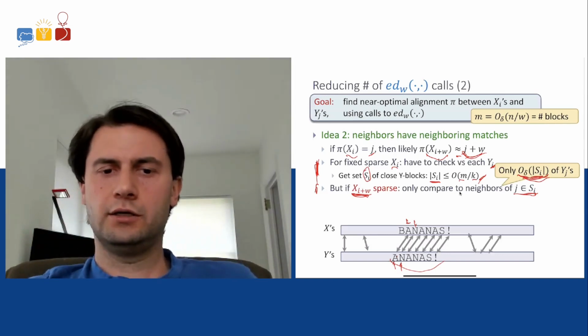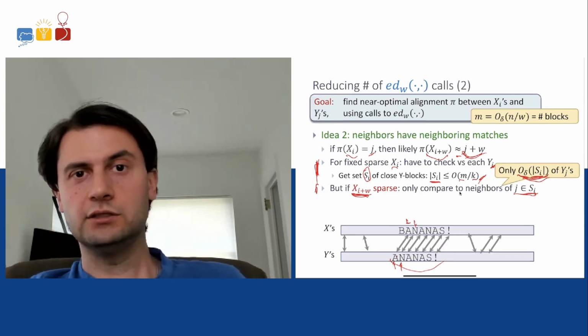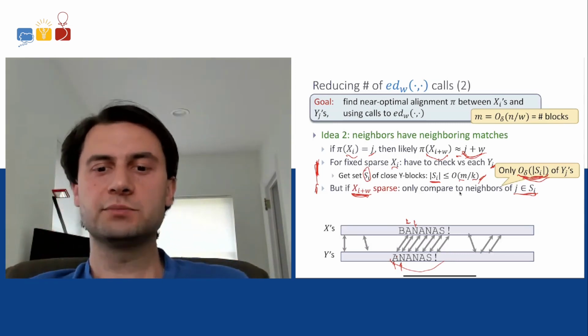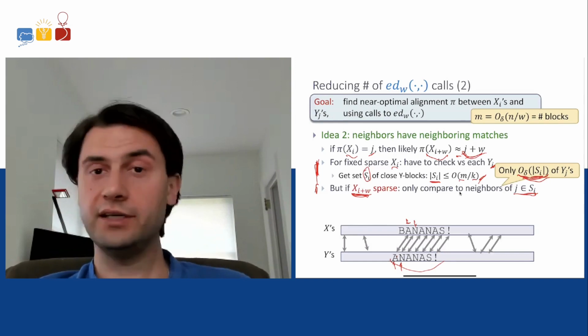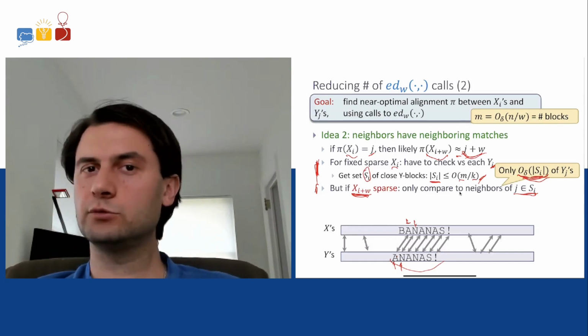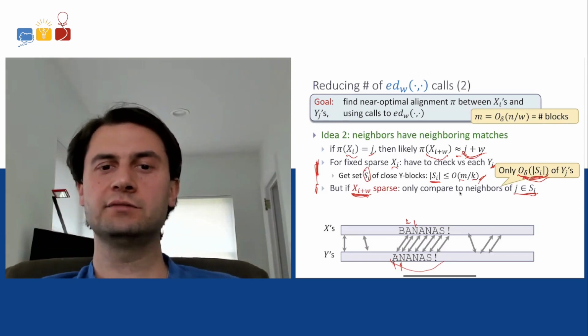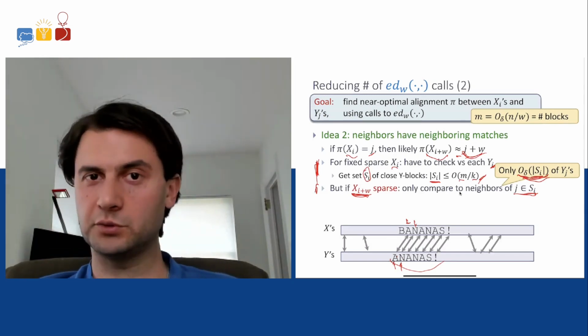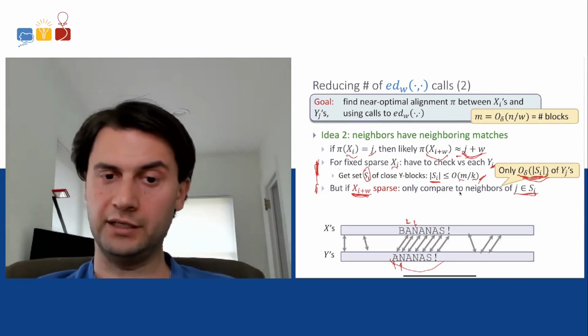Again, suppose the block xi is sparse, but maybe the next block is not sparse. What do we do then? The next sparse block is somewhere down the line. It doesn't have a neighbor right next to it which is sparse and has done all the work. It doesn't have to do the work from scratch. That would be bad.